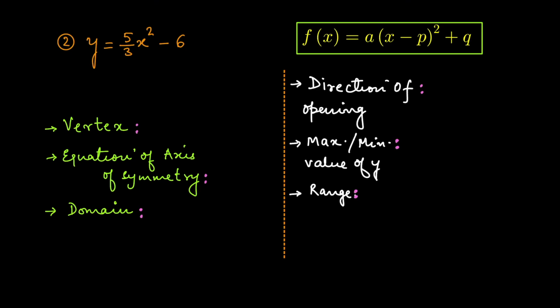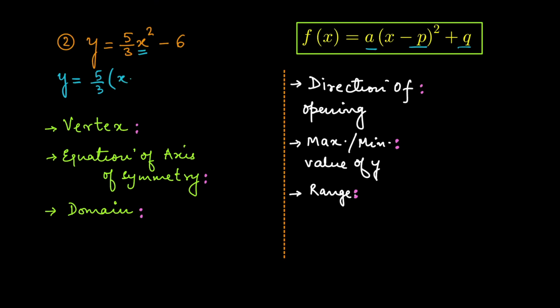Now example 2. The quadratic function is given as y equals 5 over 3 x squared minus 6. We can first rewrite it in the form so that we are able to relate the function and find the values of a, p and q. So I'm writing y equals 5 over 3, and it is just x squared, with nothing subtracted from x or added to x.